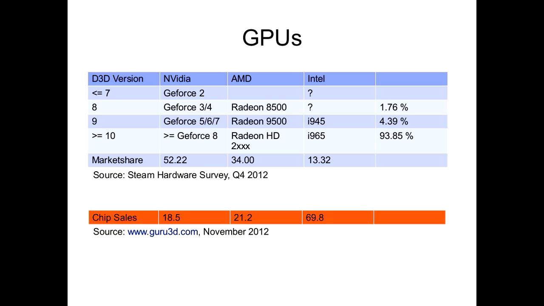But you have to watch out. There are other statistics which are about GPU sales and chip sales, and Intel clearly dominates the amount of chips sold. You don't know if they actually use them when they have the onboard chips on mainboards, but there are clearly more than 10% Intel GPUs used.